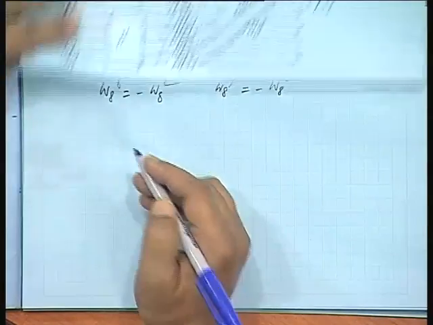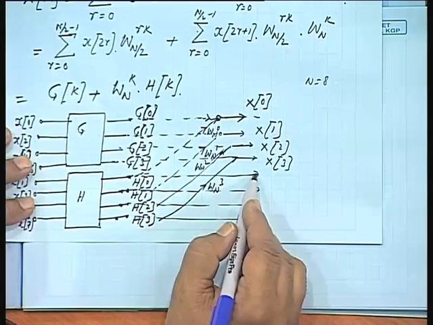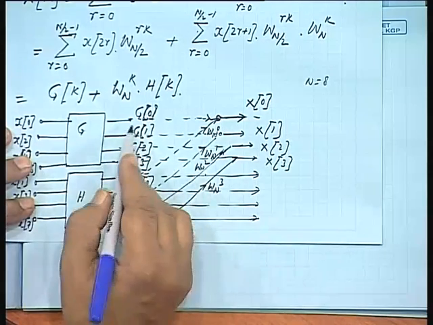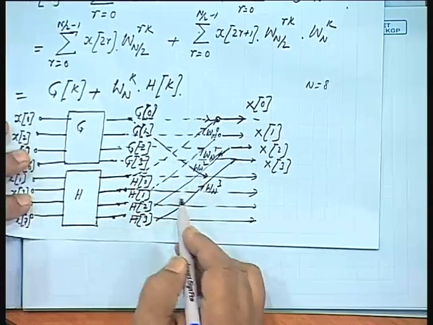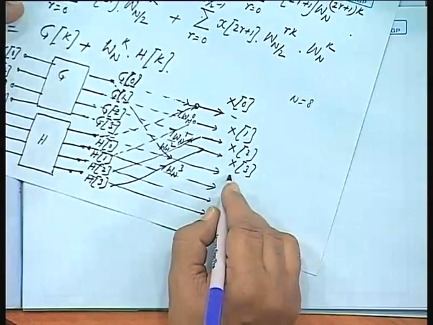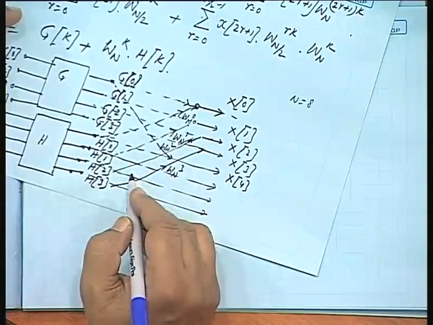Sorry. So, here G0, if I club with H0, what should be the sign? X4 will be G0 minus H0. Okay.